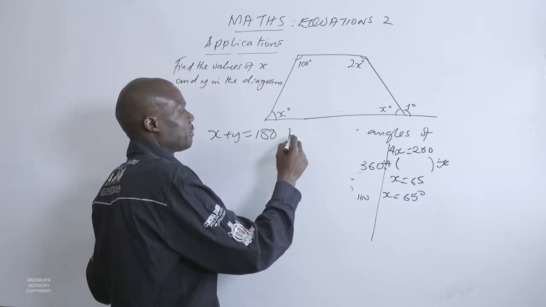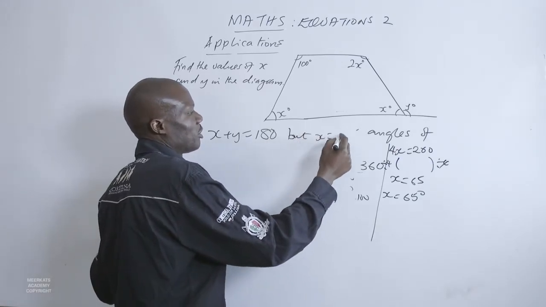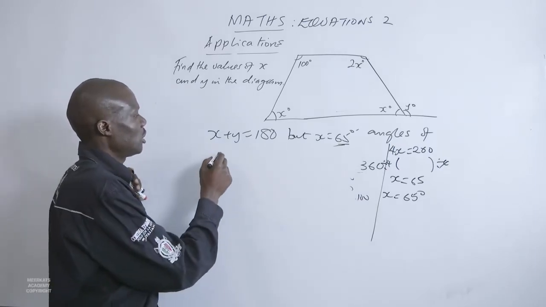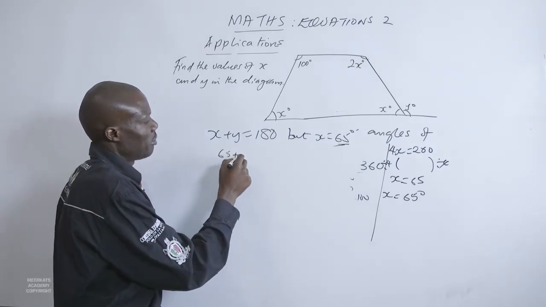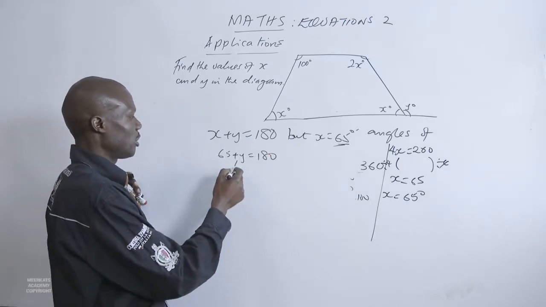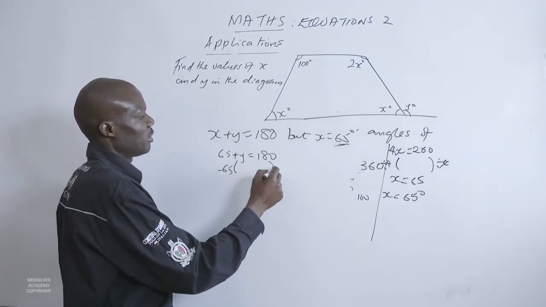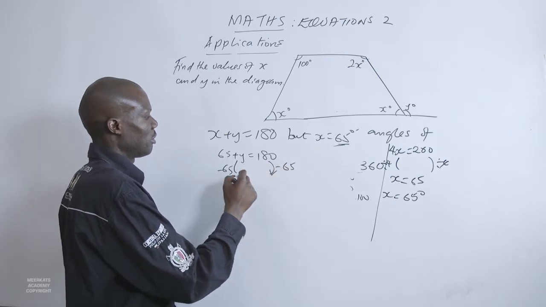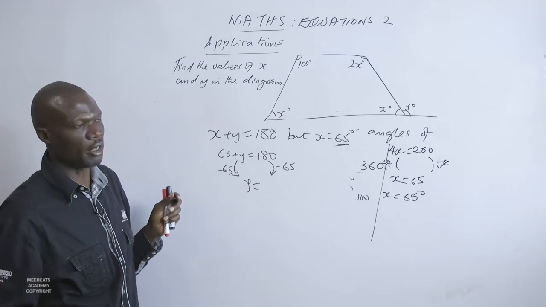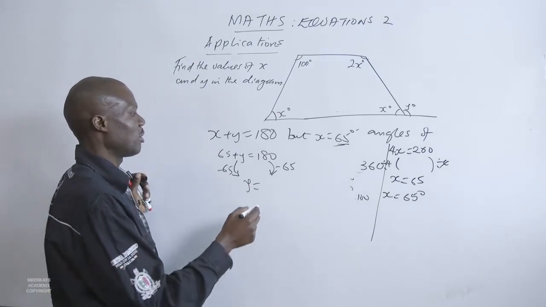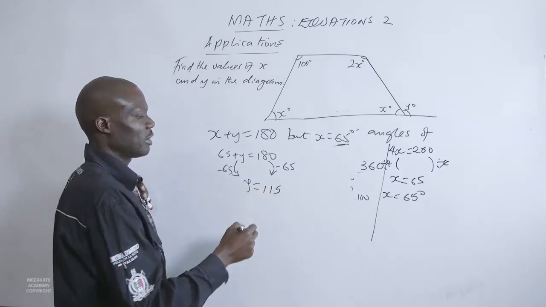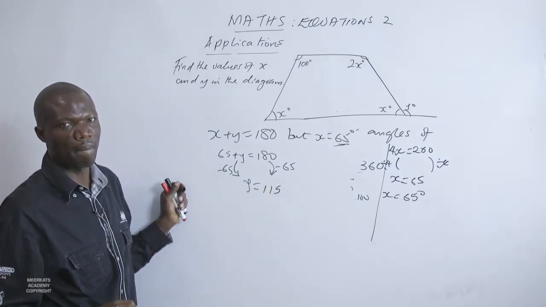But x is equal to 65 degrees. So this is the same as 65 plus y is equal to 180. Subtract 65, you remain with y is equal to 180 minus 65, which gives us 115.